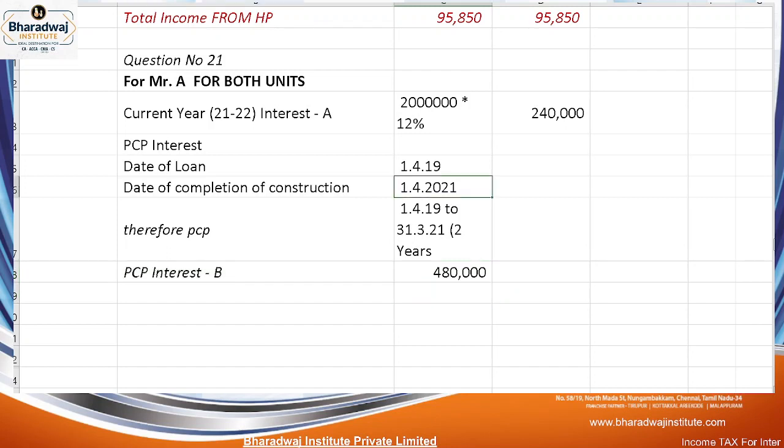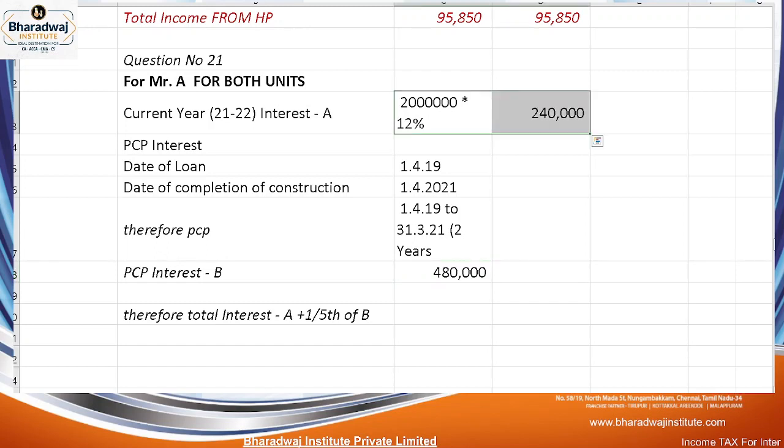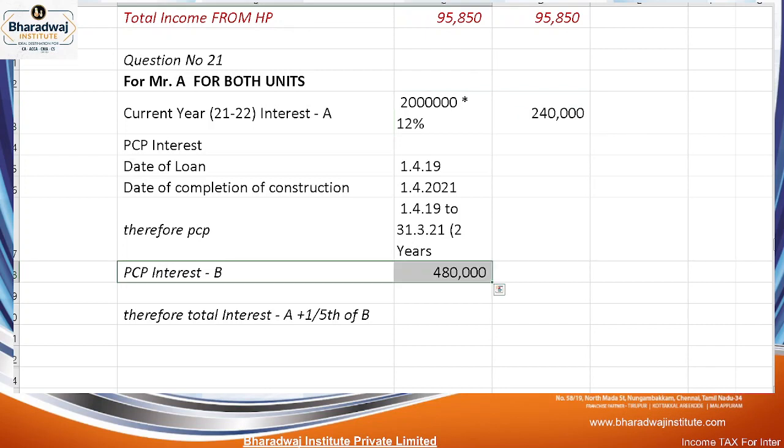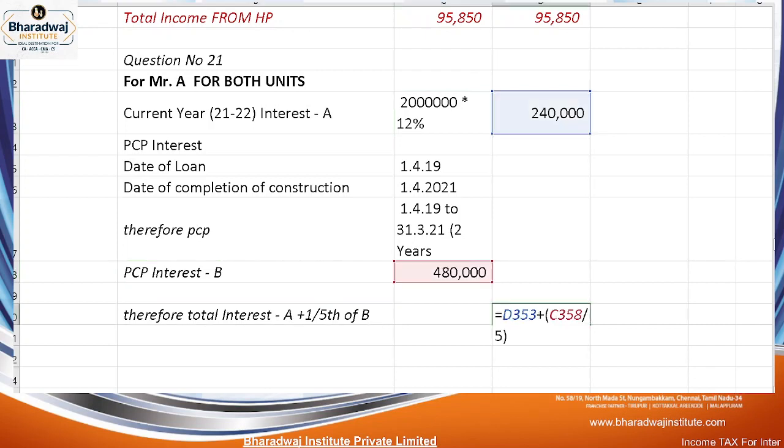Here it is 2019. I made a mistake in typing again. So, interest allowed is 2,40,000 plus 1/5 of 4,80,000, you get 3,36,000.